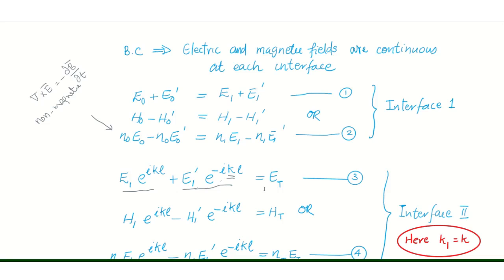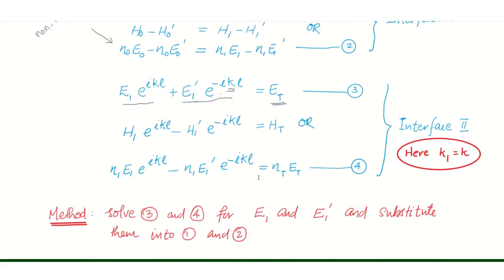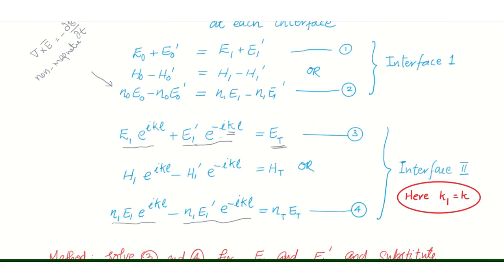Then that will be equal to the electric field in the third medium or in the substrate. Similarly for the magnetic field, and that becomes this equation here. Now we have four equations: equation 1, 2, 3, and 4. Now we have to solve them.